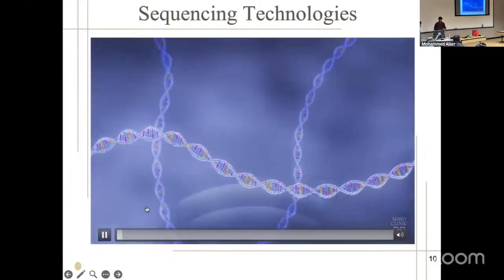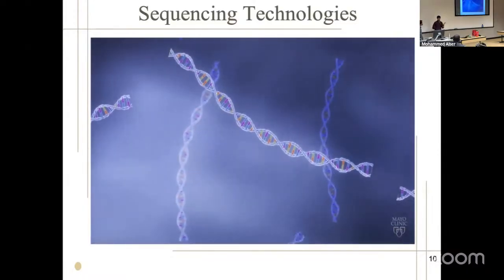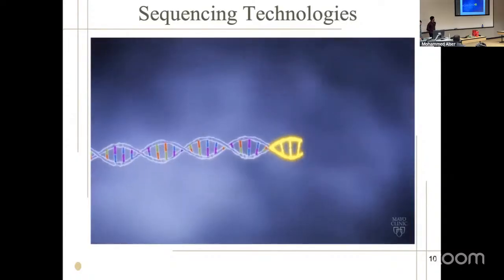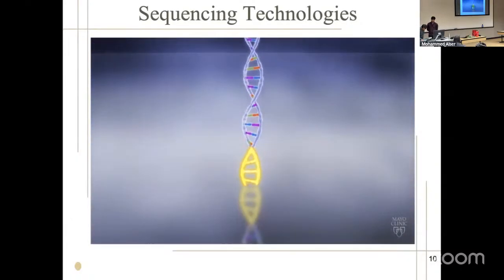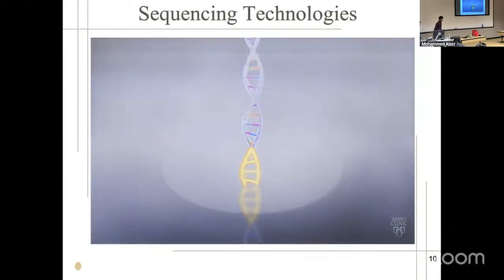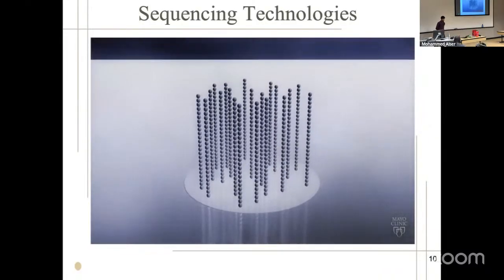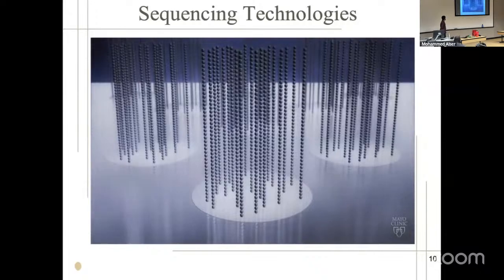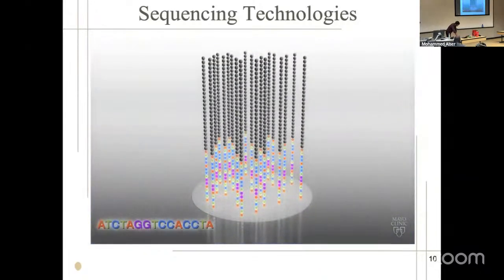High frequency sound waves break the DNA into smaller pieces. Special tags are added to the ends of the fragmented DNA. These tagged strands of DNA can then attach to a glass slide. In a sequencer, each piece of DNA is copied hundreds of thousands of times, which creates clusters of identical DNA fragments. Next, the sequencer reads the DNA one base at a time, using different colored tags for each DNA base.